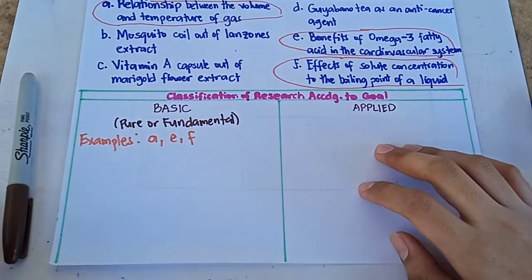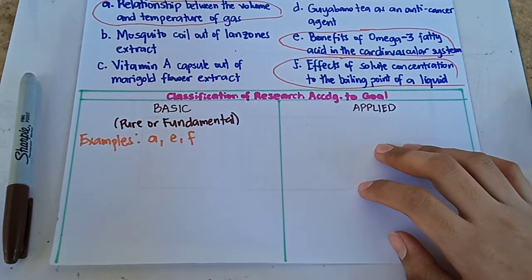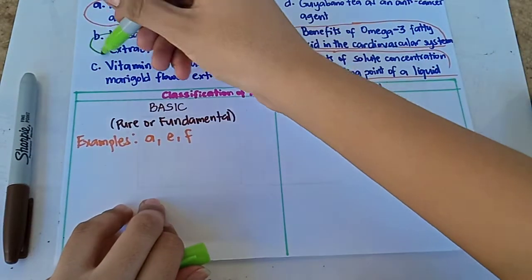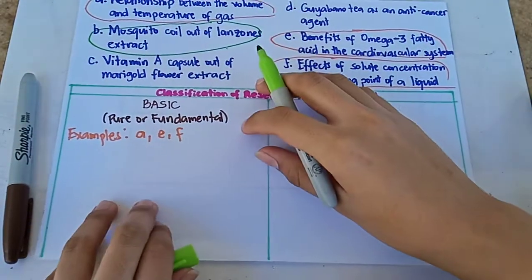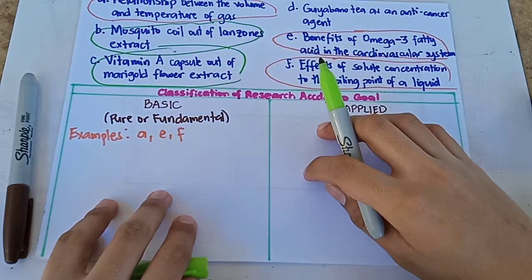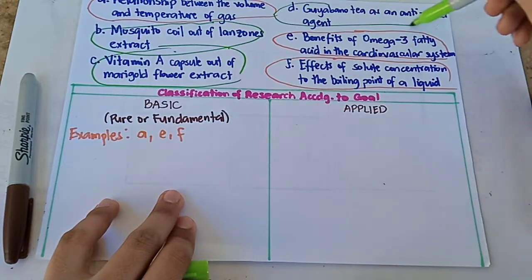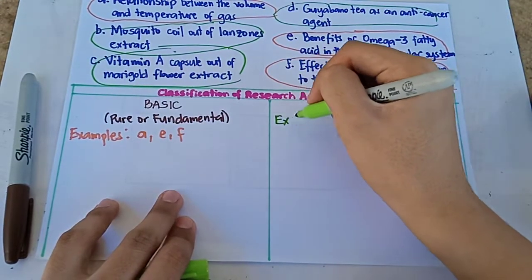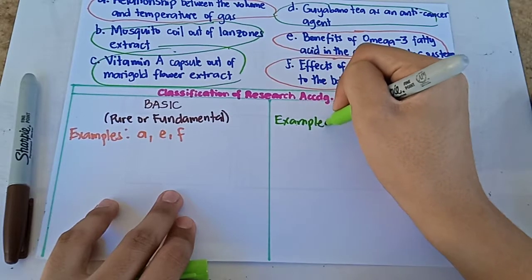So, the three that we left out, the mosquito coil out of Lanzones extract, the vitamin A capsule out of marigold flower extract, and the guayabano tea as an anti-cancer agent, will fall under applied research.